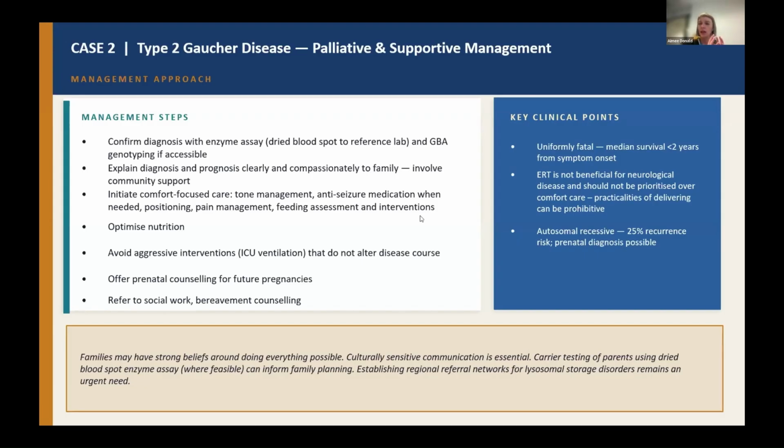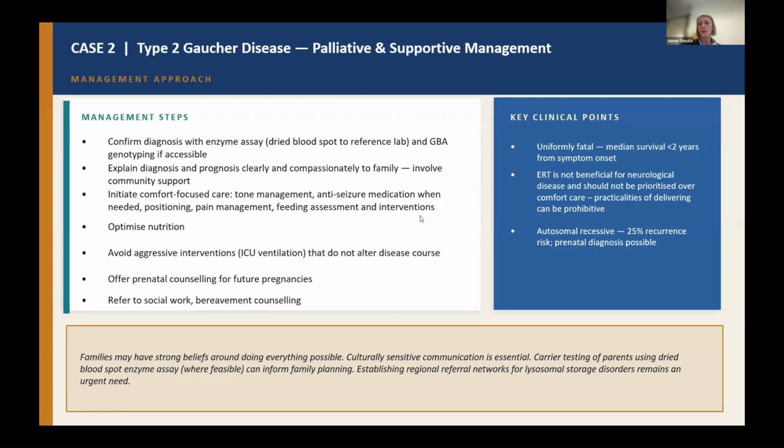You need to understand that this is where this disease is going when you see a baby with this condition. ERT is not going to change that course, and it's often not practical to deliver it. And again, think about how we can access prenatal diagnosis for future pregnancies.